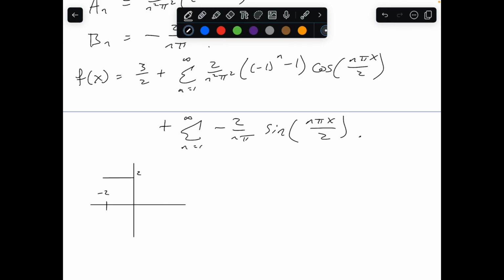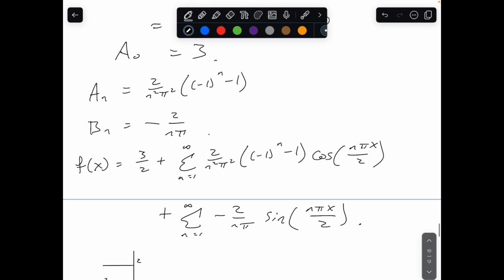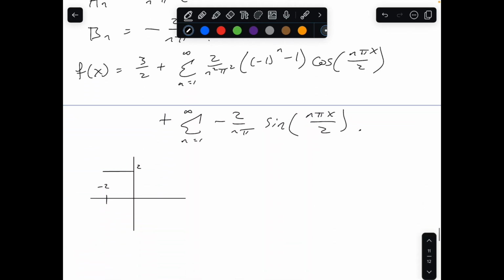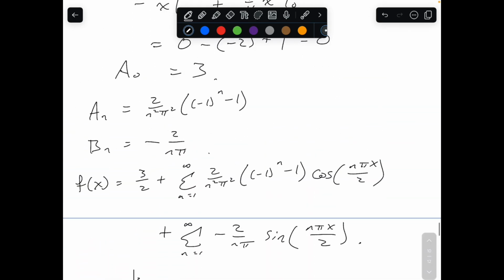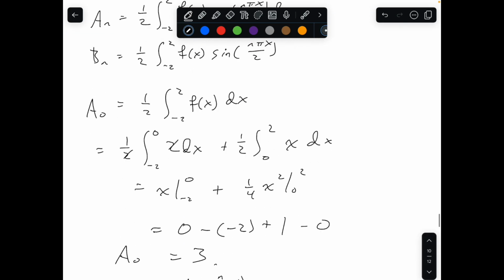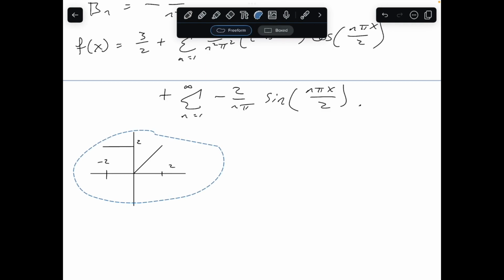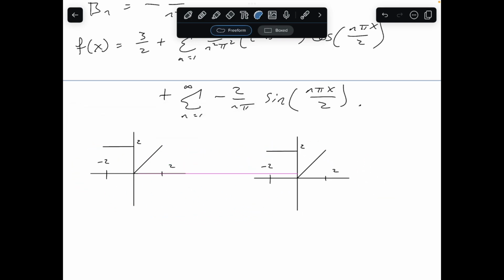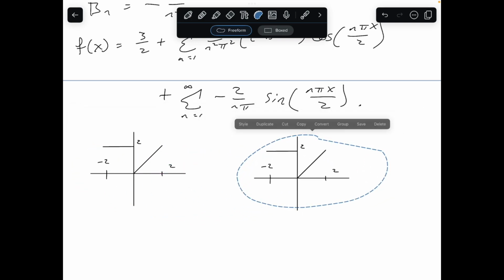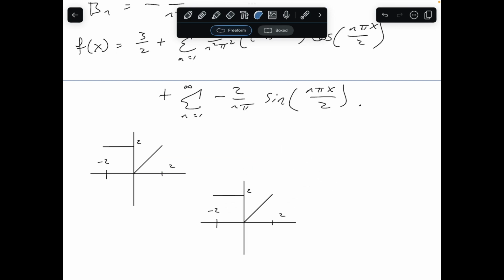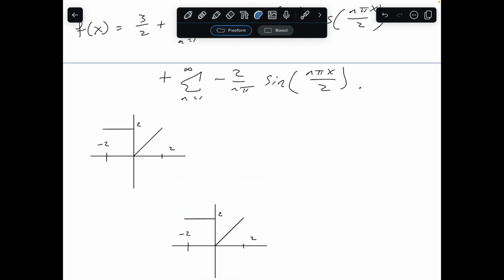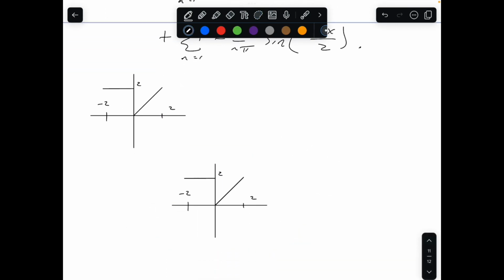Okay, so from -2 to 0, it's equal to 2, and then from 0 to 2, it's equal to x. So it looks like that, and it looks like that. Copy, paste that. I'll put it down here, I guess, because we're about to take a periodic extension.